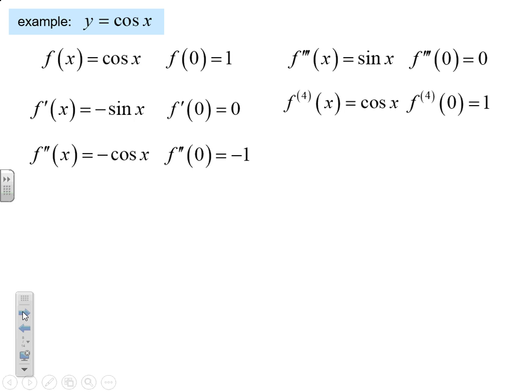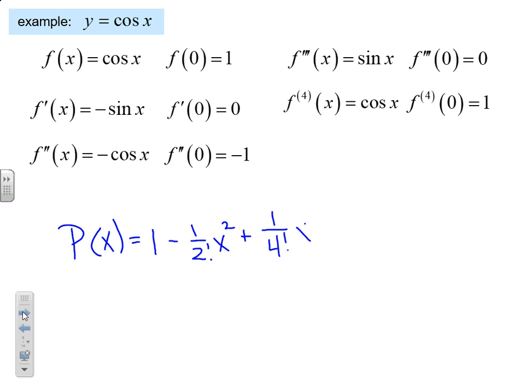Okay. Backwards. So, our polynomial, P for polynomial, is 1, because that's the function evaluated at 0, plus 0x plus second derivative over 2 factorial times x squared plus 0 over 3 factorial plus 1 over 4 factorial x to the 4th.